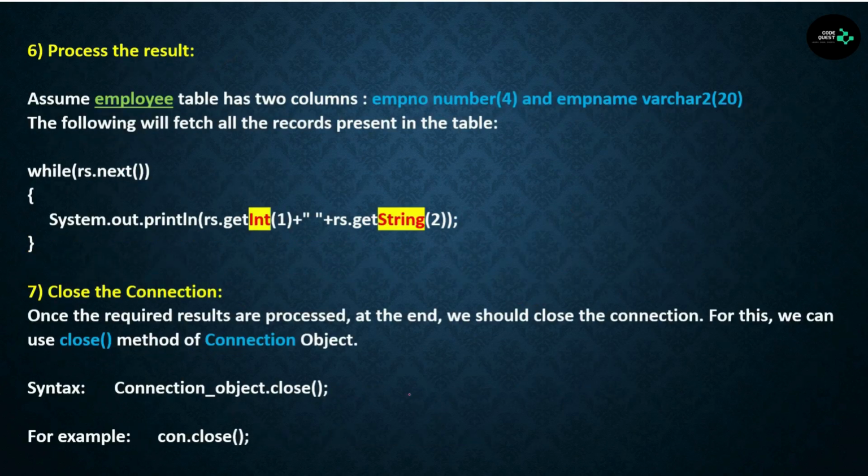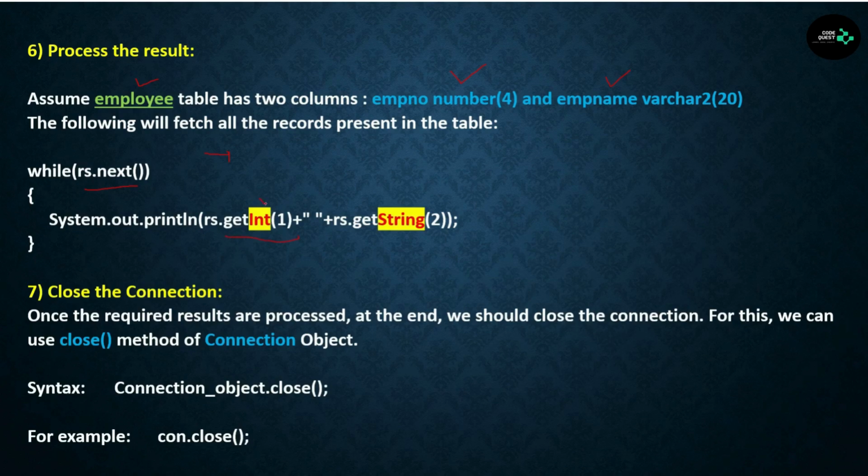Here you can see, for example, let's say we have an employee table with these 2 columns, EMP number and EMP name, and assuming we have certain records available. After the result set is ready, when I call rs.next, the control will move to the first row or first record. At that first record, I'm trying to fetch getInt of 1.